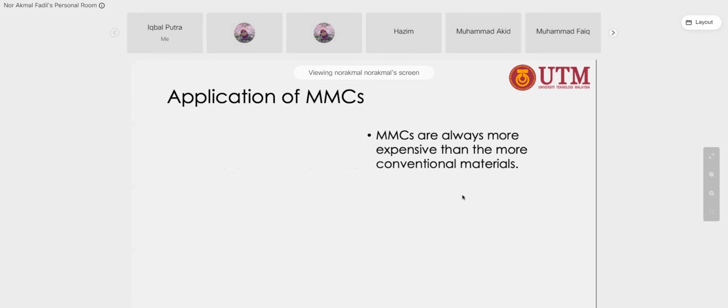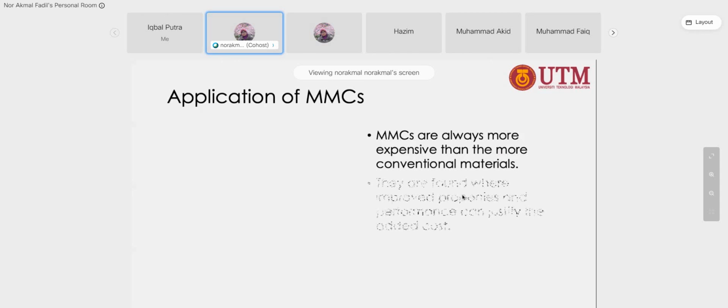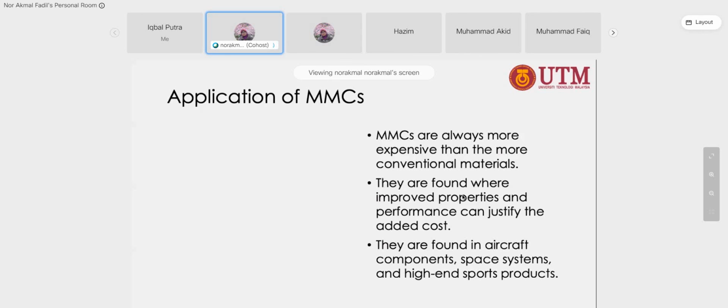MMC are always more expensive than the more conventional materials, and they are found where improved properties and performance can justify the added cost. For example, for an expensive product, it's okay to have this kind of performance with the added cost.